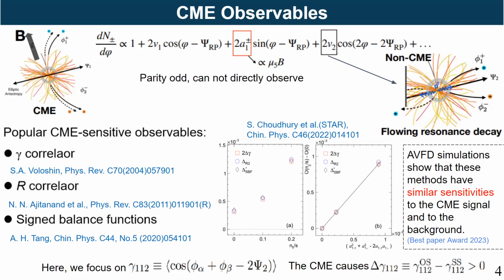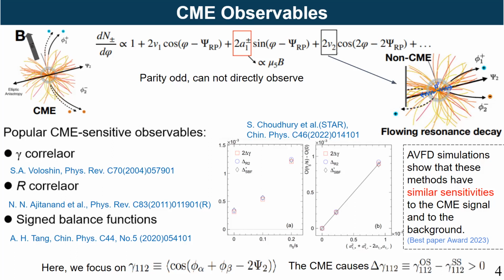So I will focus on the gamma correlator. Now we call it gamma 1, 1, 2. The 1, 1, 2 represent the harmonic numbers before phi alpha, phi beta, and psi. Phi alpha and phi beta represent the two particles' azimuthal angles. Alpha and beta could be positive or negative. And psi 2 represents the reaction plane, called the second order event plane.